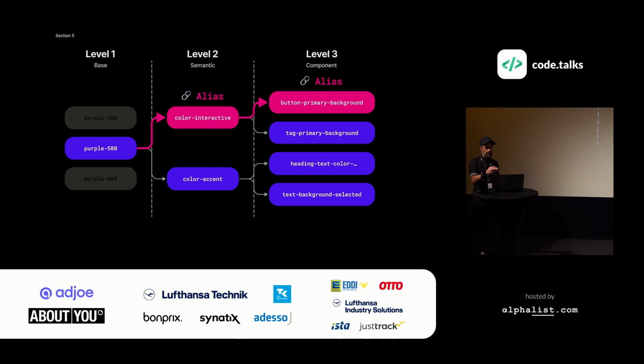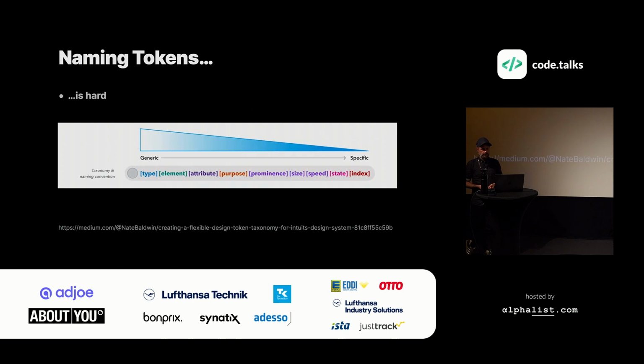The color interactive token is a reference to purple 500, and the button primary background token is a reference to the color interactive token. With this concept, you can build a dark theme. For example, if you have a bright theme with this logic set up, you can build a dark theme real quick. And I'll have a demo later on, so I can show you how this works in practice.